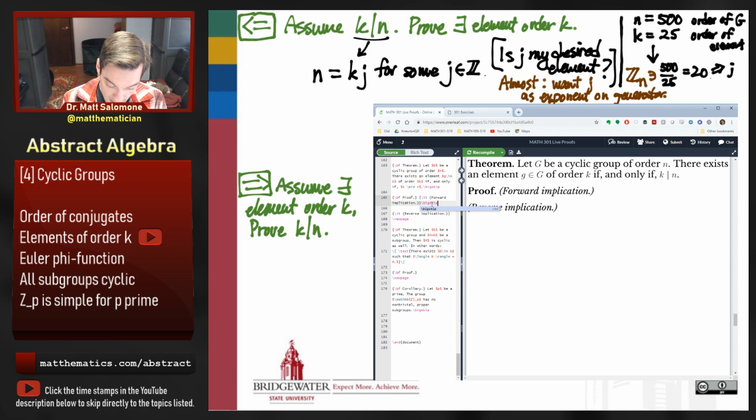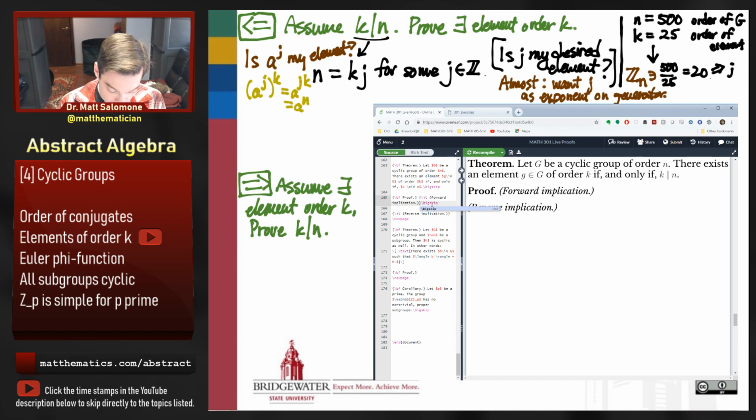And so now we'll ask, is a to the j my element that I'm looking for? So does a to the j have order k? Well, a to the j to the power k is going to equal a to the j times k. That's going to be a to the n.